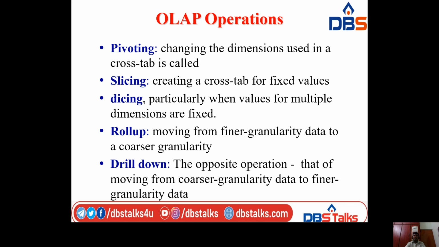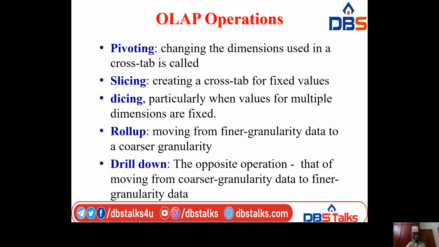Now some of the OLAP operations are available. By using these operations we perform analytical processing online. Large amounts of data available in the database are processed online using different types of operations. Now coming to pivoting: changing the dimensions used in a cross tab is called pivoting.